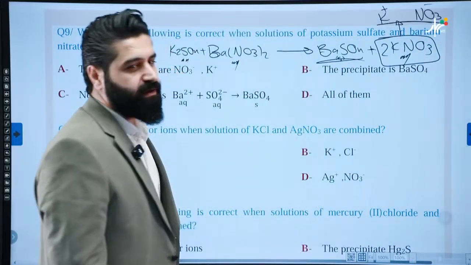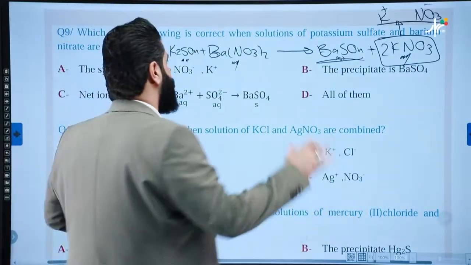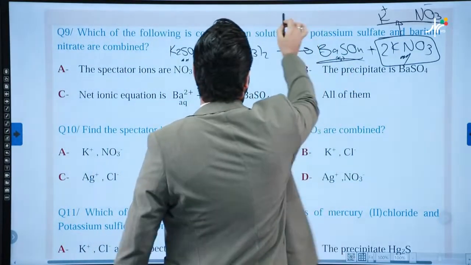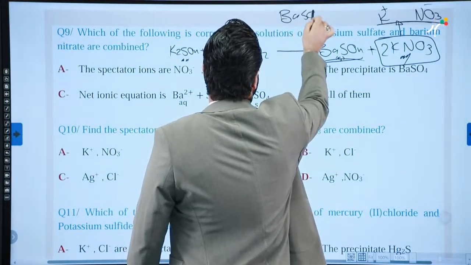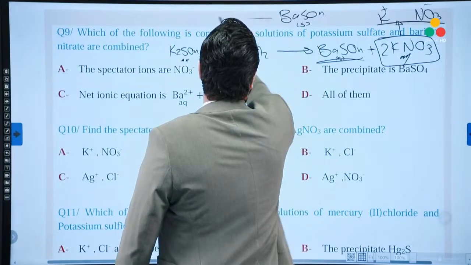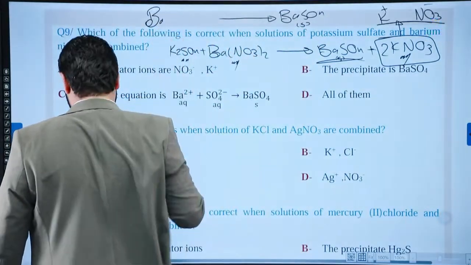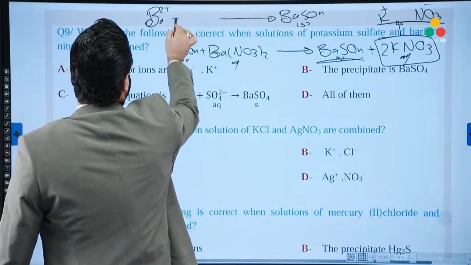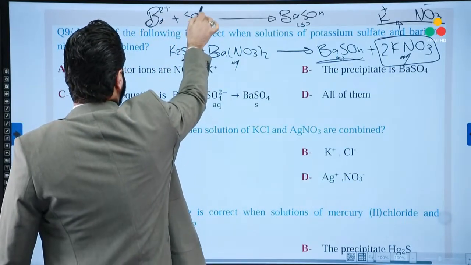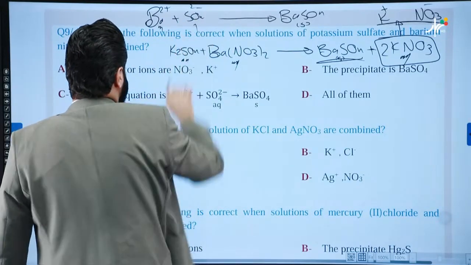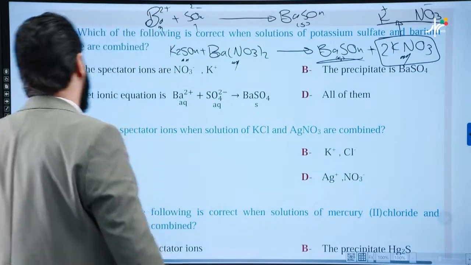How to write the net ionic equation? Hopefully you remember. We need to have a solid on the product side. This is BaSO4, which is a solid. On the reactant side, we need to have the ions: Ba2+ aqueous plus SO4 2- aqueous. Then let's see which of the following statements is correct.